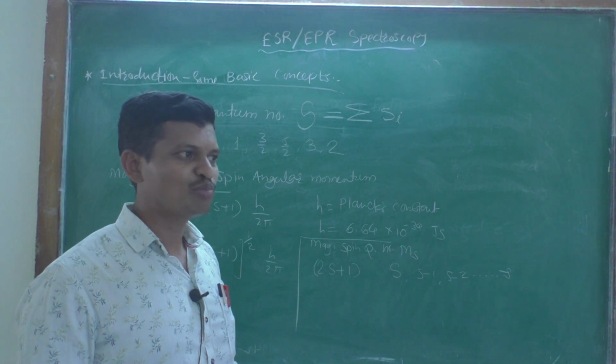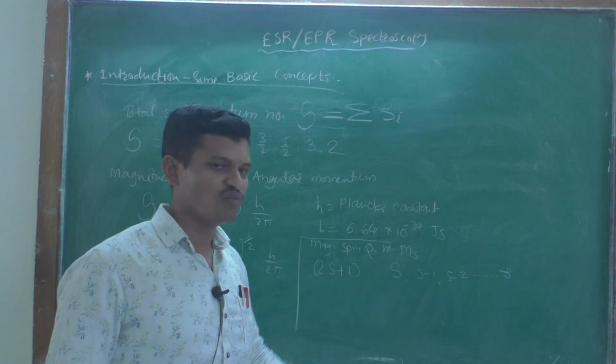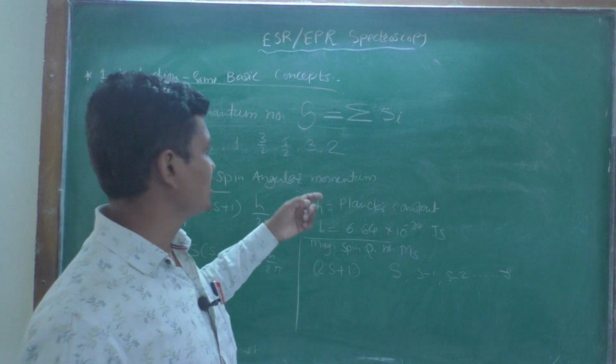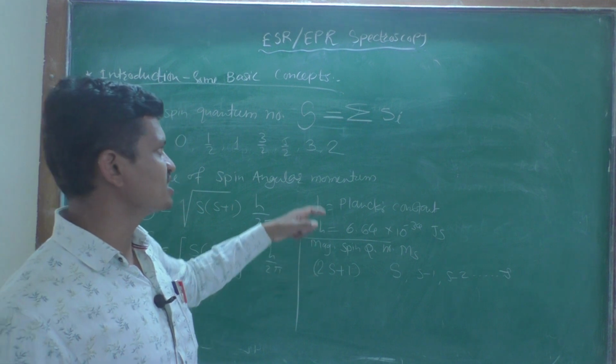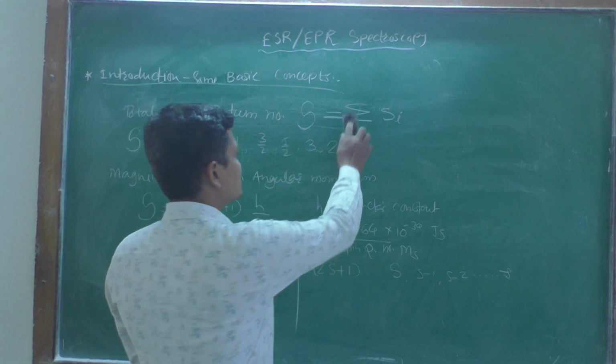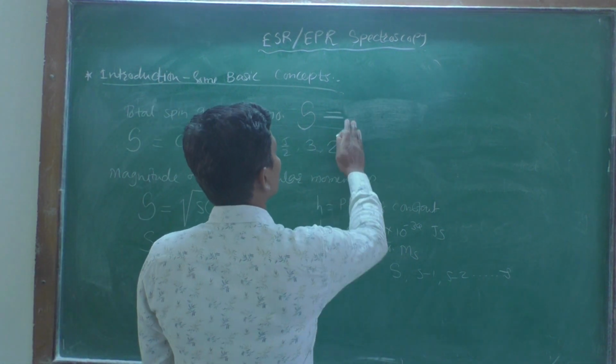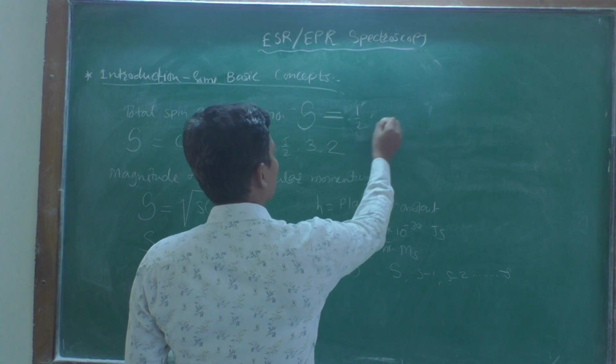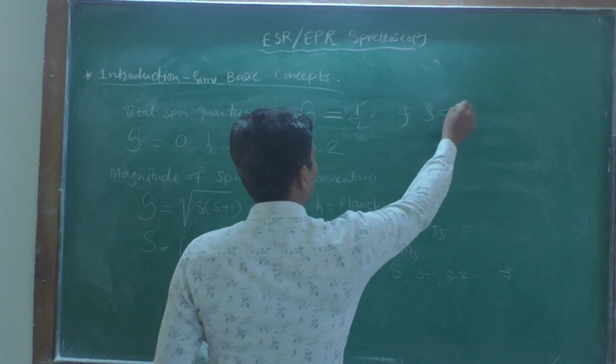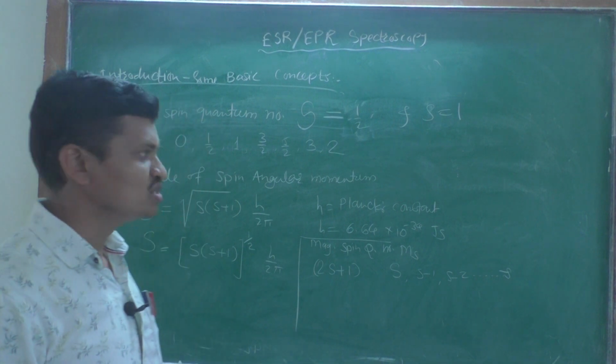What are the possible values of ms for s equal to 1/2 and s equal to 1? That we have to study here.